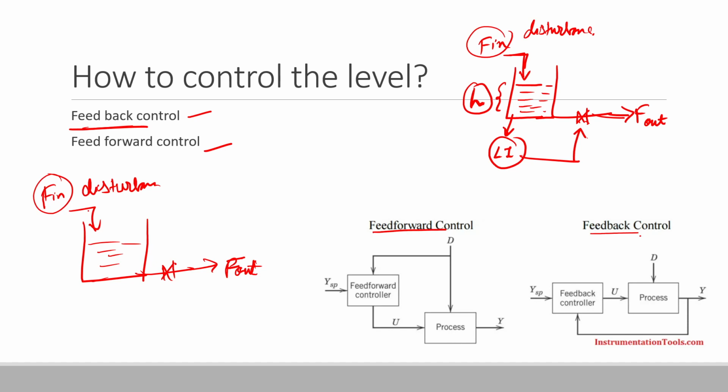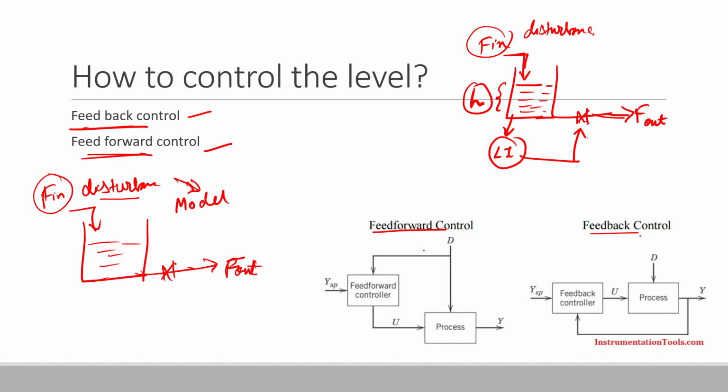But in order to know the effect of the disturbance on the height and ultimately the valve opening, we need to have a process model. So we will be feeding the disturbance to an alternate model that will show us how much the level will change in this system, and based on that level change we can find the opening of the valve and ultimately control the system. Such a control strategy is known as feed forward control.